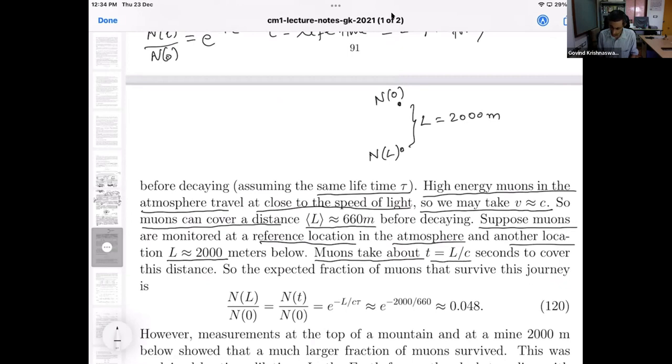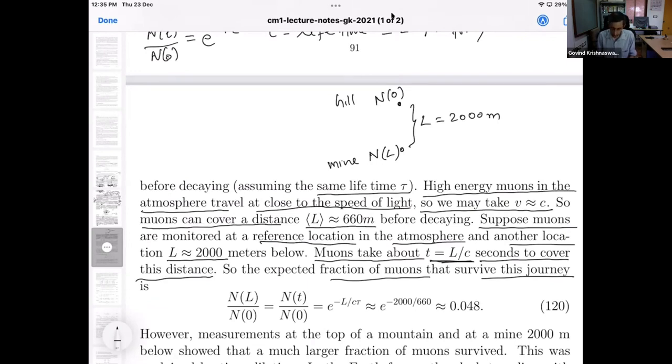Well, their distance is L and they roughly travel at speed c. So they will take a time t of L by c seconds to cover this distance. So based on that, we would expect the fraction of muons that survive this journey. This is the hill and this is the mine, and that's the hilltop.